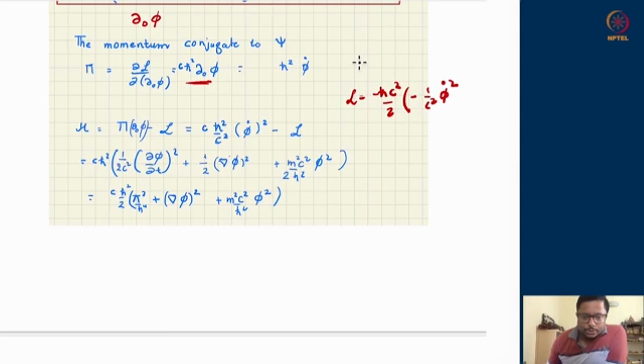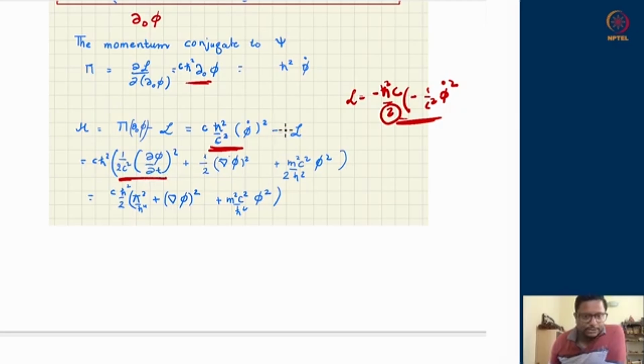Sorry, not h c square, h bar square c here outside. So you see a similar kind of term appearing here is also coming from the Lagrangian, but with a half factor. The term here did not have a half factor, this has a half factor. So they will subtract out, and only half of this term will survive. So that is what it is here.